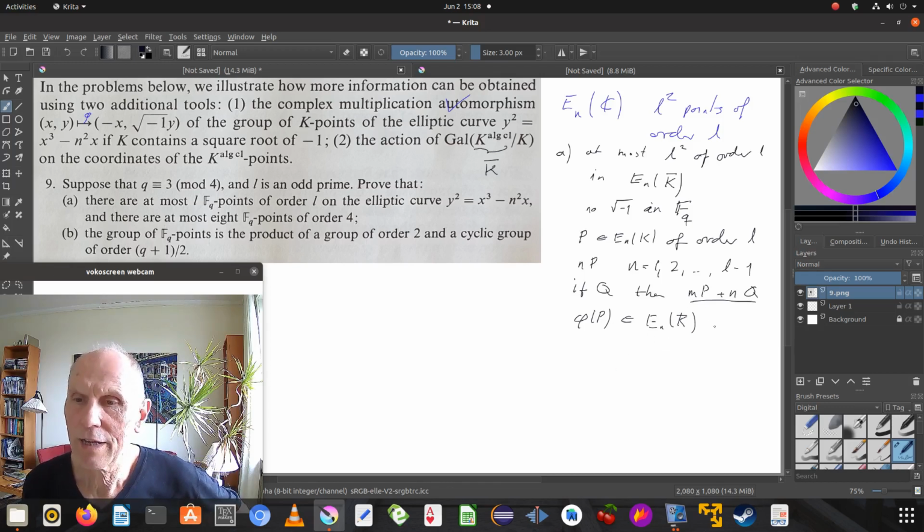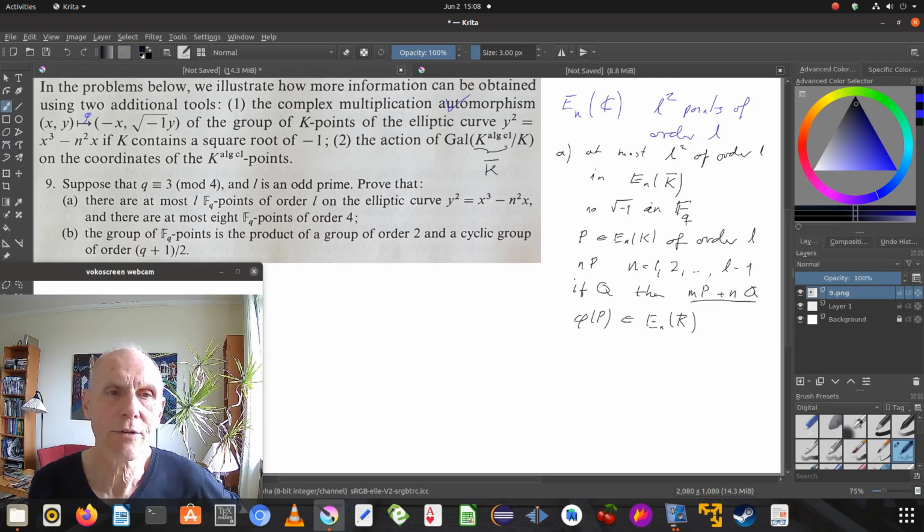But it cannot lie in the elliptic curve over K itself, because K does not contain a square root of minus 1. So that was the first line.